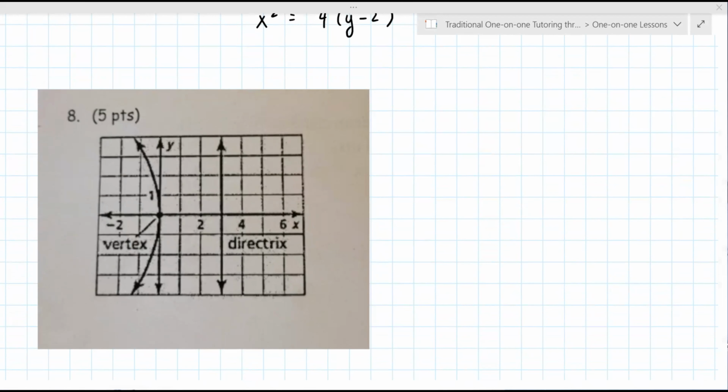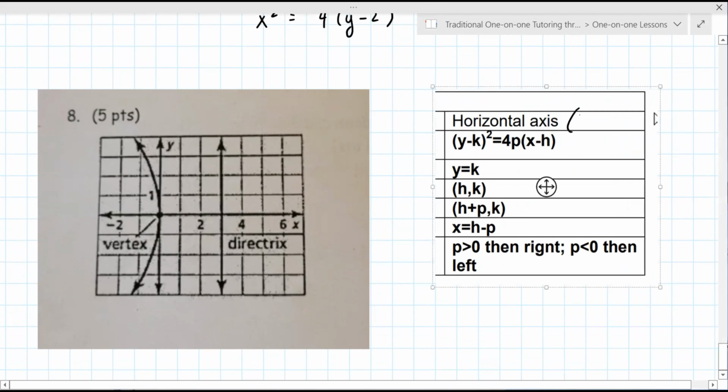So it's the one on the right if you're looking at that sheet that I sent you. Horizontal axis, you can think of it as opens left or right, but it's kind of the same thing. You get the vertex, the point of the vertex here, which is a little hard to read. I guess it's at the origin.